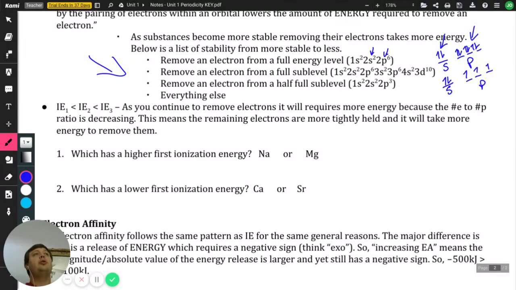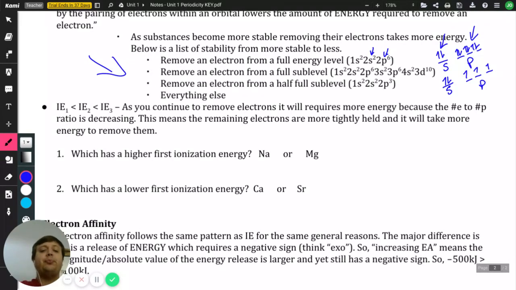Well, as you remove more and more electrons, the amount of energy required is going to increase. Why? Because again, the ratio of protons to electrons is getting off. You've got more protons now, which is going to be pulling harder on those electrons that are left over. So each time you remove one, it's going to take much more energy to remove.